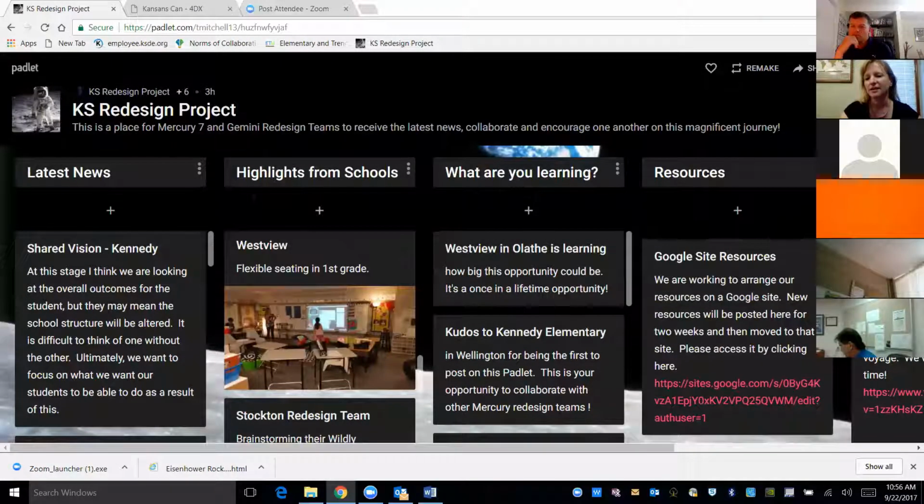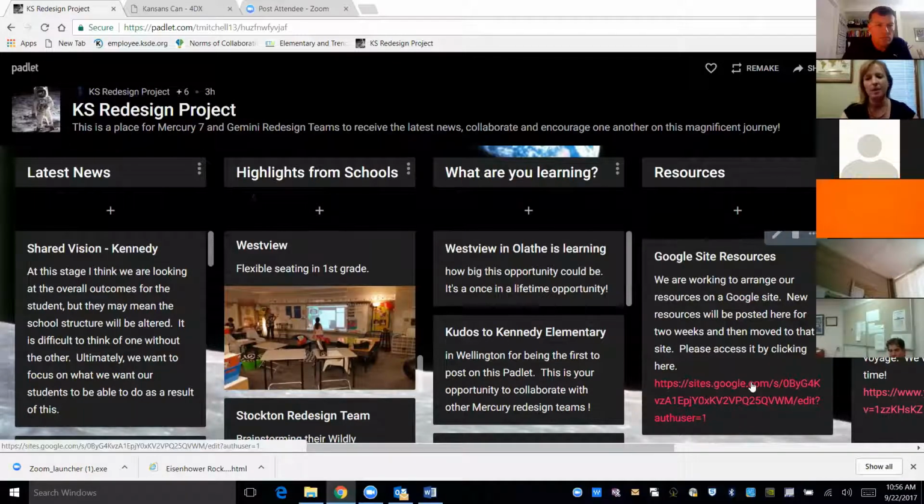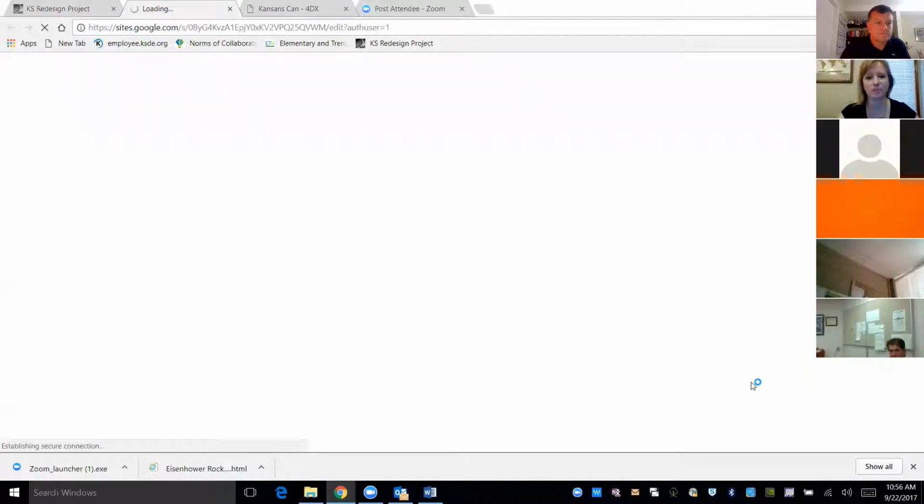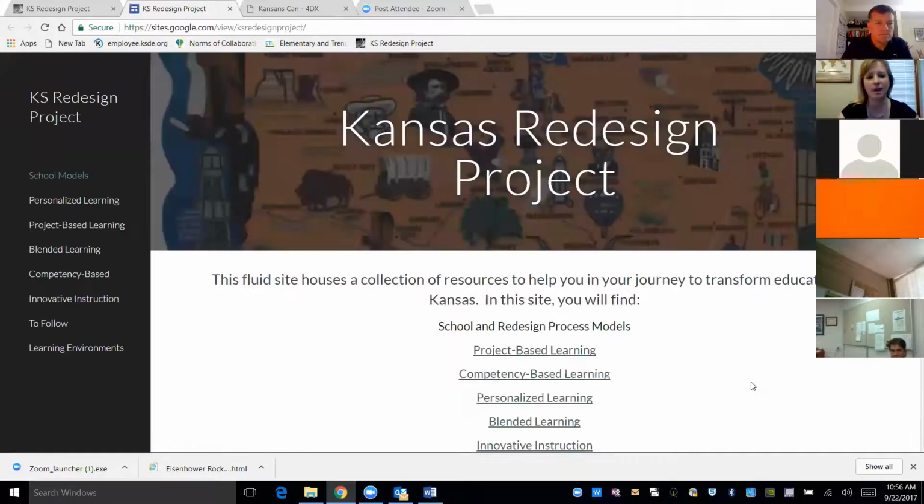The other thing is the resources column is where we will highlight new resources that we're finding, because we know it gets really confusing when you have a big list of resources. We still have the Google Doc that has the links, but then one of our colleagues from Epic Elementary in Liberty, Missouri is building us a website.